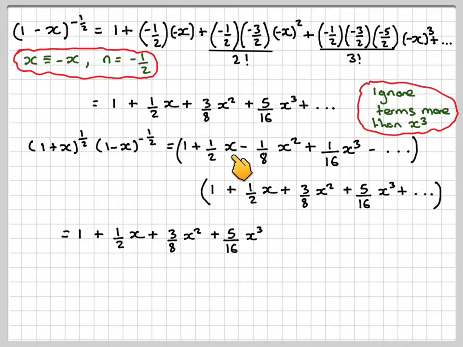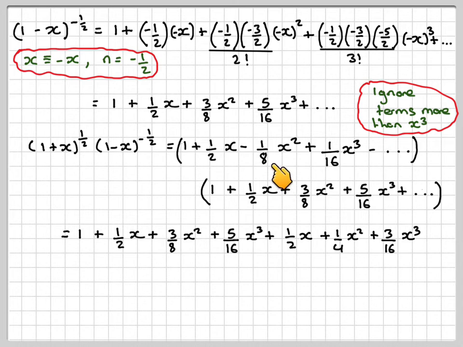Then we do a half x times 1, which gives me a half x. A half x times a half x gives me a quarter x squared. Then a half x times 3/8 x squared, which will give me 3/16 x cubed. We don't need to do the last one because that will give an x to the fourth term, and we're not required to do that.